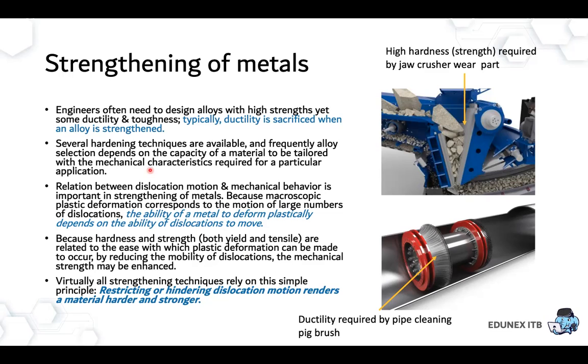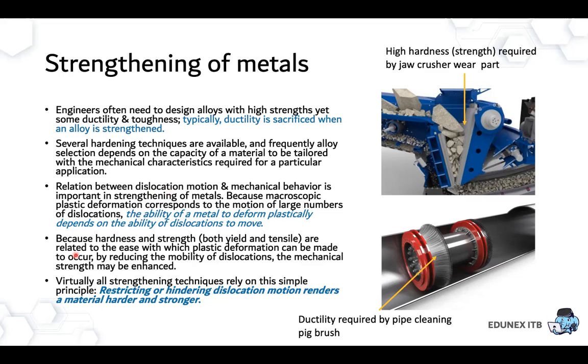Okay, so the relation between dislocation motion and mechanical behavior is important in strengthening the metal, because if we can restrict the dislocation or reduce the path for dislocation, that will make the material harder and stronger.